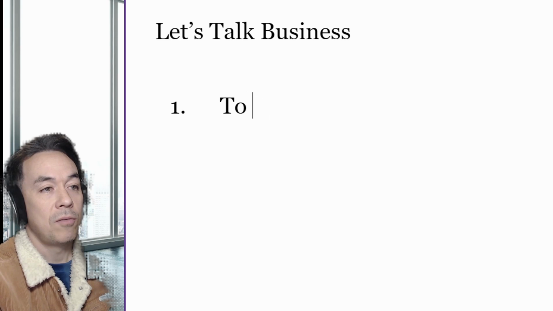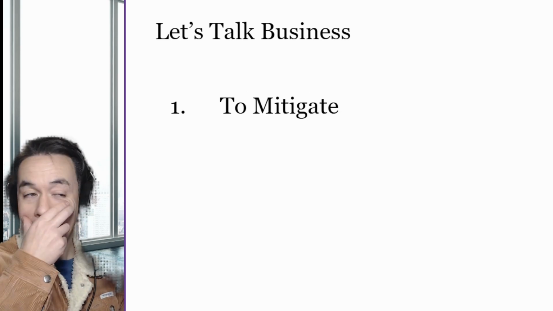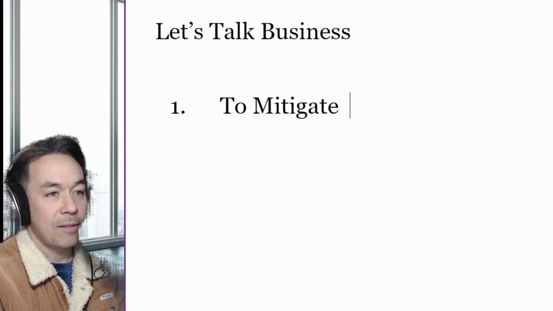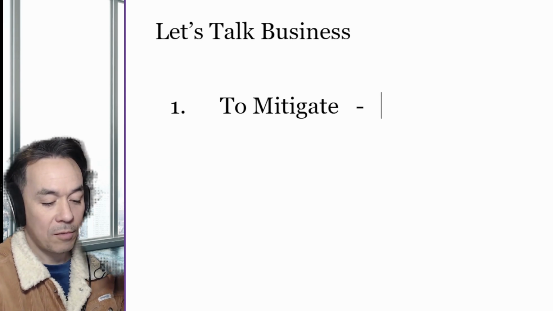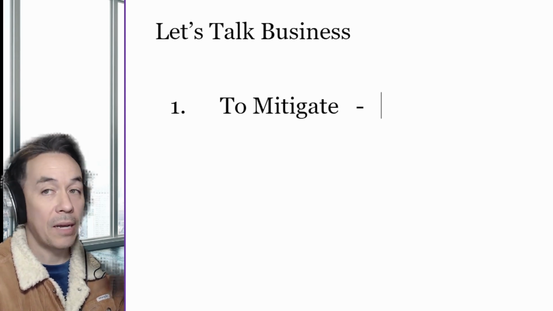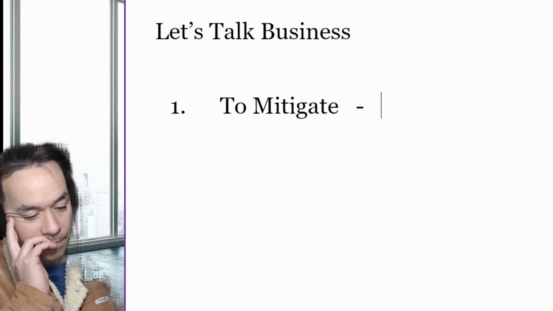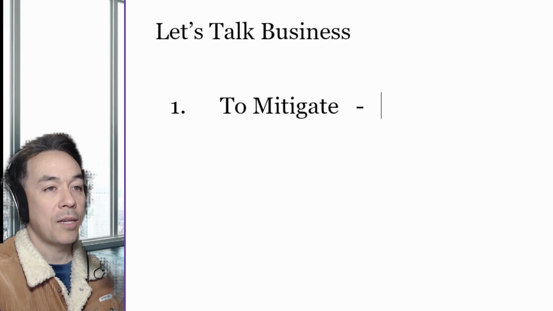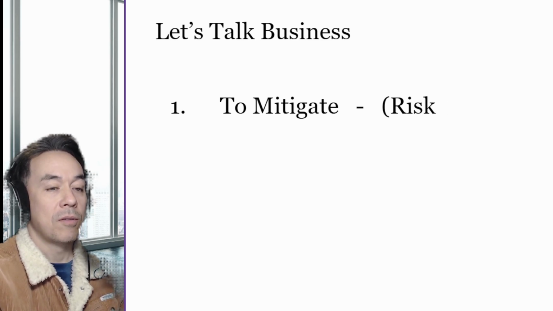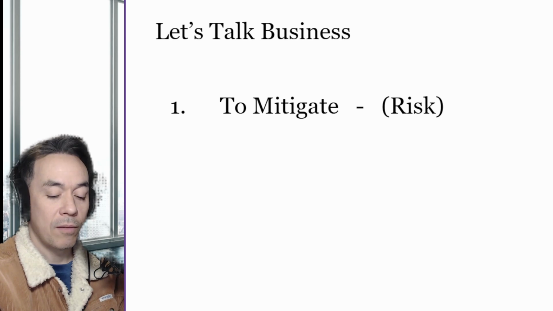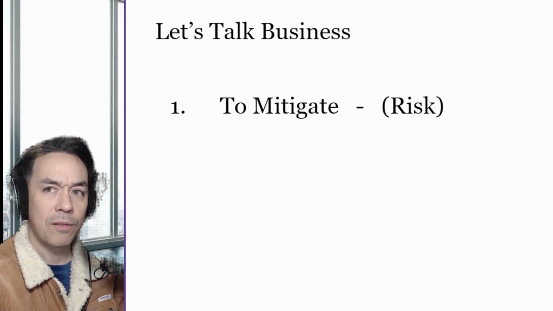Now, this word goes back to my old career, which was in lending or banking. And so this means, I would say, this has to do with risk. All right, so it's in that kind of a lending or, I guess, insurance world.